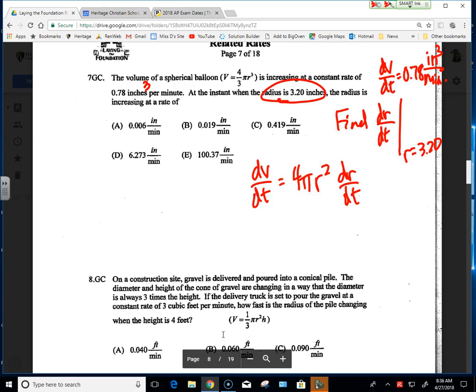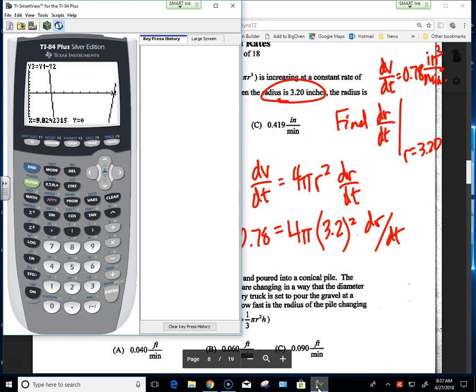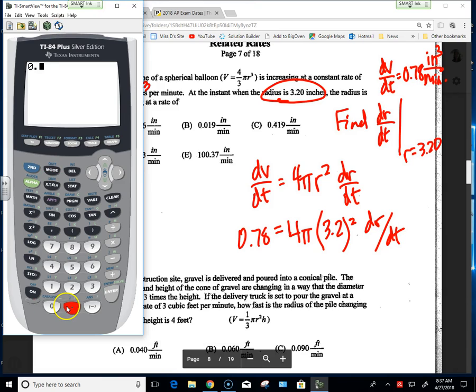So then when we plug in, let's see what the answer is. Because, well, the problem is right there, that inches cubed, that might be, meaning that they might have messed up the problem. So if we plug in 2 pi 3.2 squared dr dt, dv dt is 0.78. We should be able to just take our 0.78 and divide it by, now careful, if you're doing this just like this, you need to put a big old parenthesis to divide by everything.